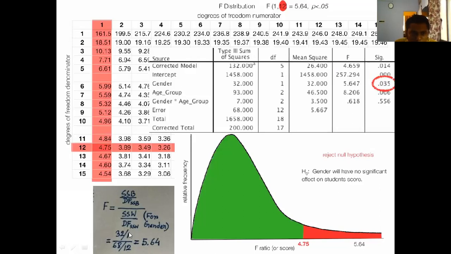Degrees of freedom 1 and 12 intersect at the value 4.75. Your F statistic is 5.64, and the cutoff is 4.75. So it is beyond this, and you reject the null hypothesis. So gender will have a significant effect on student score. There is enough evidence that gender will have a significant effect on students.